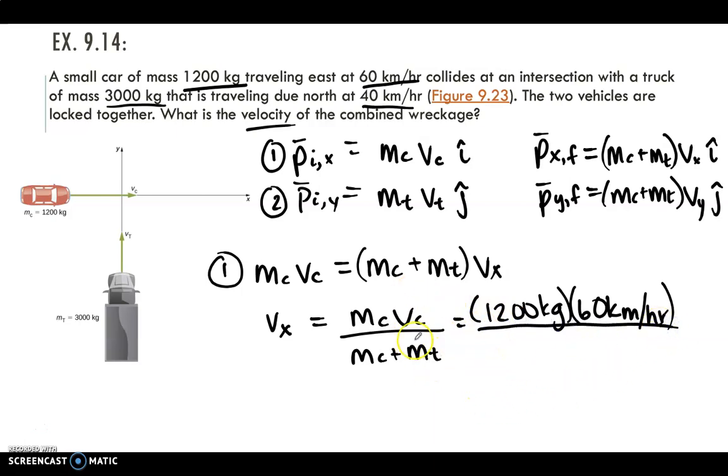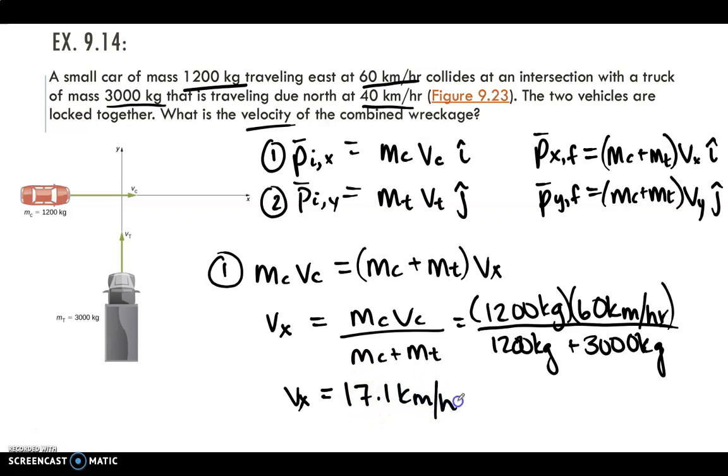Now divided by 1,200 kilograms plus 3,000 kilograms. So our final velocity in the x direction, plugging it into my calculator, I get 17.1 kilometers per hour. And again, this is in the x direction only. So we've got one piece of the puzzle.